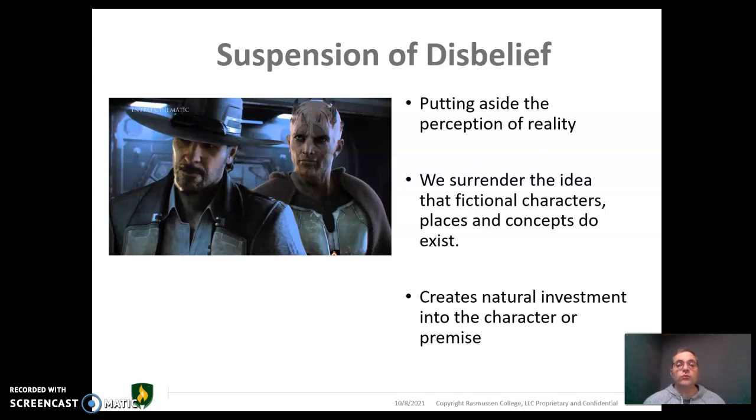And when we create characters that people understand and get attached to, they allow people to create natural investment into the character or premise, so there's a purpose for them. There is an understanding, and people feel for them. They are happy when things happen. They get angry when things happen to them. They feel enamored when love happens to them as well. There's so much that goes into it, and that's something to keep in mind.